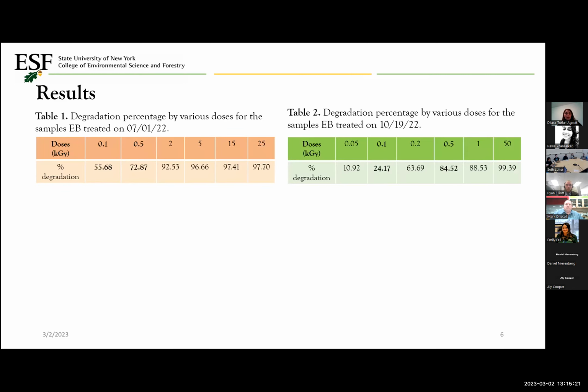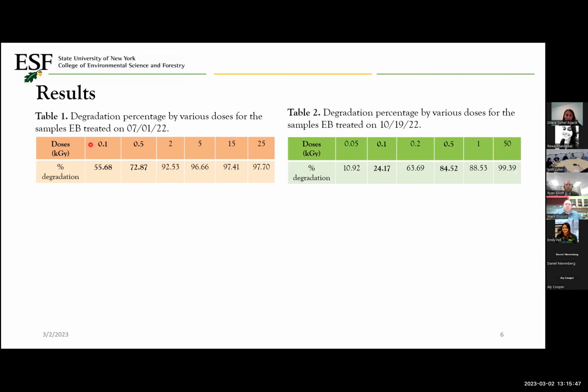Okay, so here is the results part. Our results show that there was an increasing degradation trend with increasing irradiation doses. Table 1 shows the degradation trend for our first batch of samples, which were collected in June.